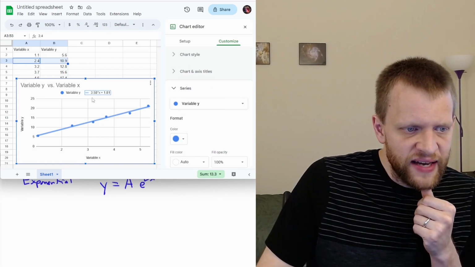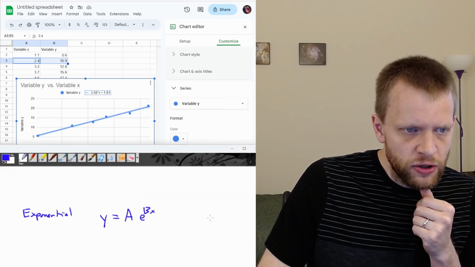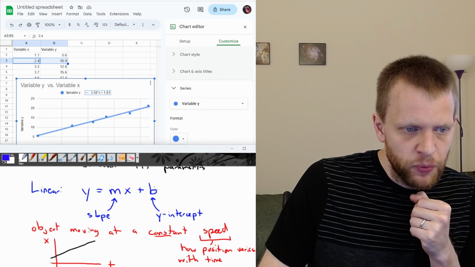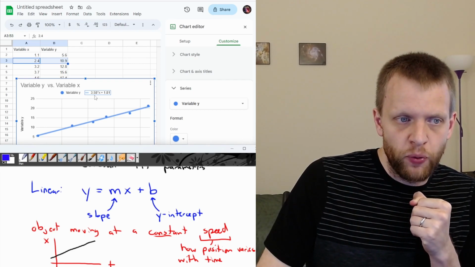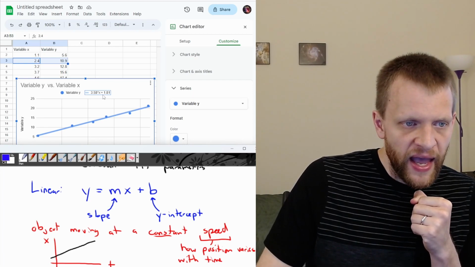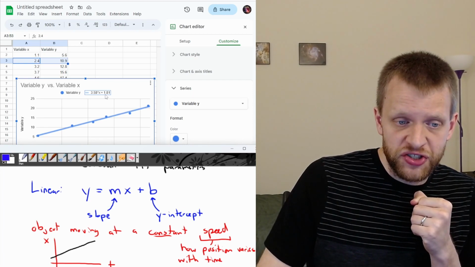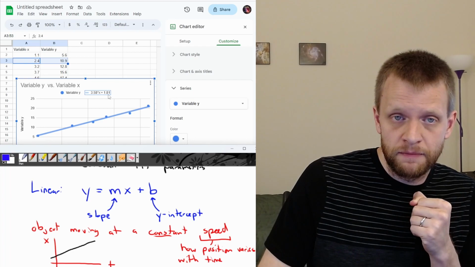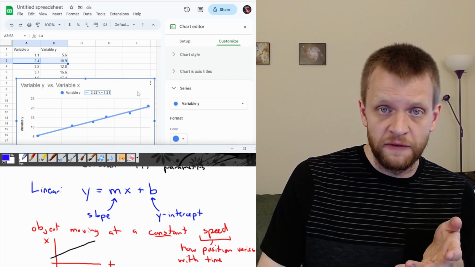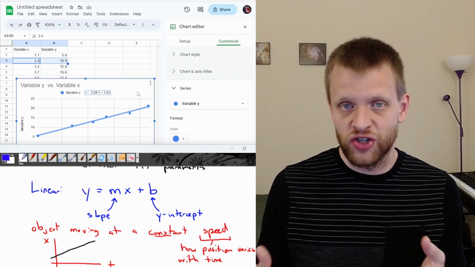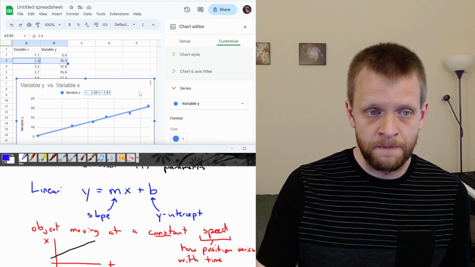We can say that our linear equation that seems to match up with this form, well, it looks like my slope is 3.58, and my y-intercept for this case is 1.81. We can identify those particular fit parameters. The computer can tell us what those fit parameters are.